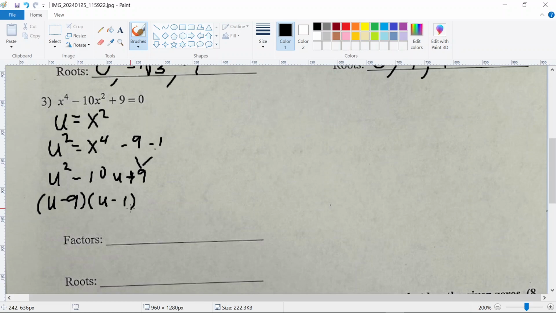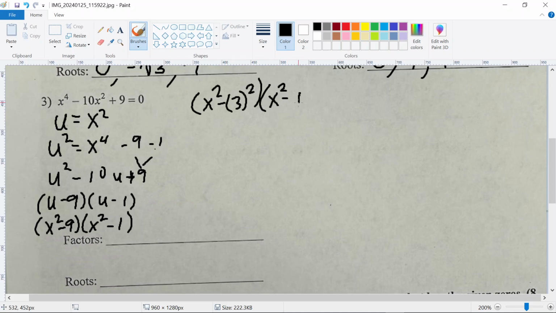But remember, u is not just u, u is x squared. So this is really x squared minus 9, x squared minus 1. And that's difference of two squares. This is x squared minus 3 squared. And this is x squared minus 1 squared.